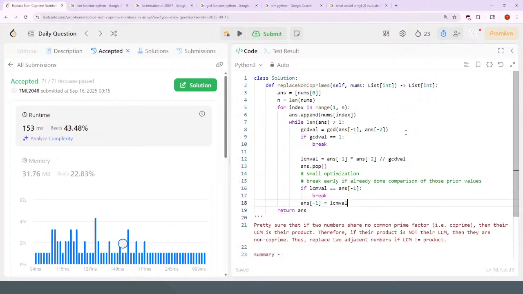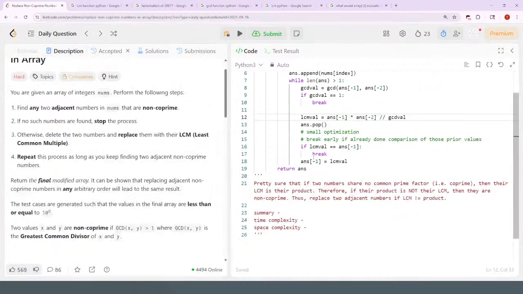Well, length of answer is greater than 1. Alright, I think this is as good as I'm going to do for now. It's kind of late.